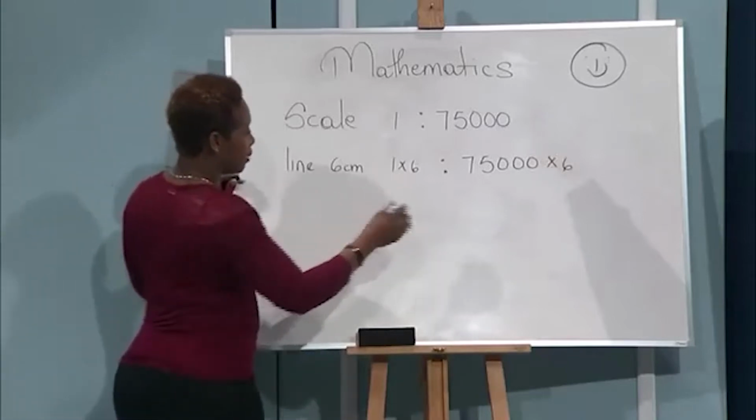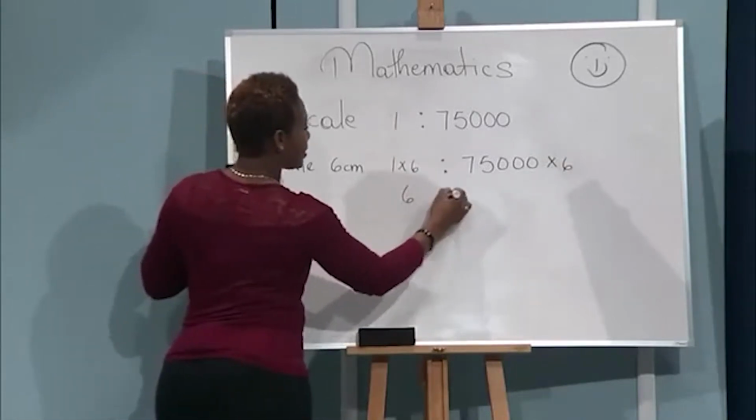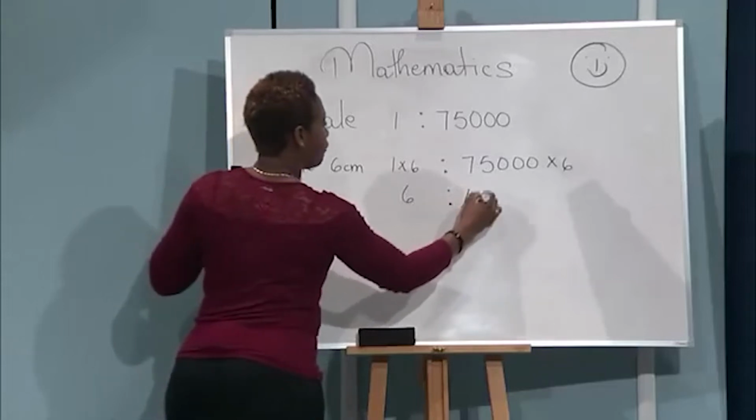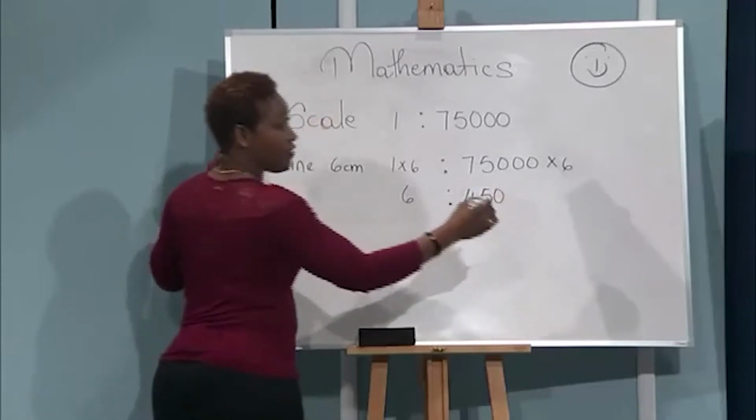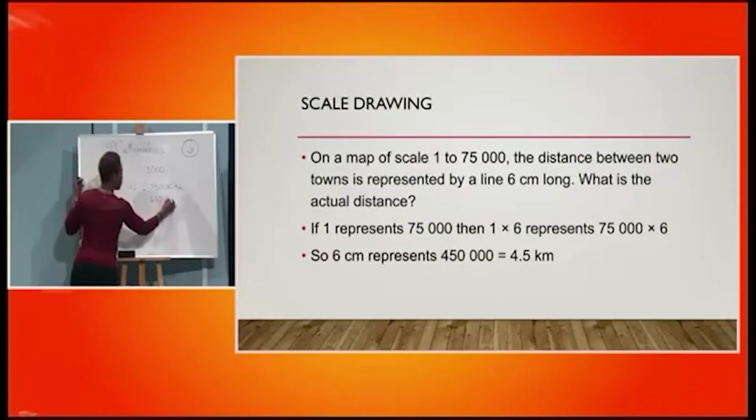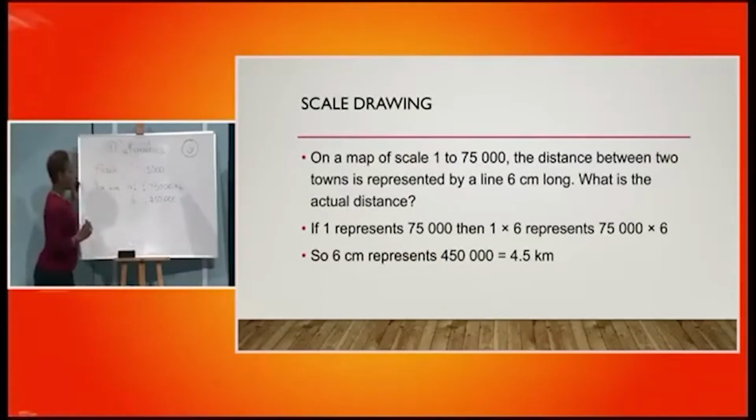And that would be, so we have 1 times 6 is 6, and this would be 450,000. So what we're saying, for 6 centimeters, it is equal to 450,000 centimeters.